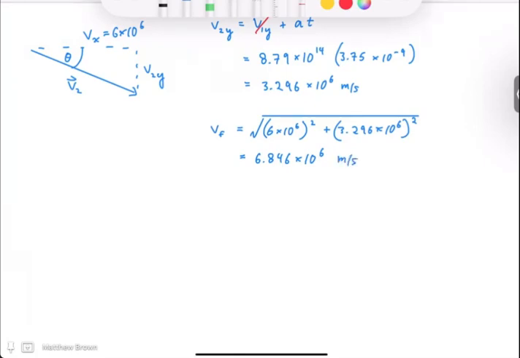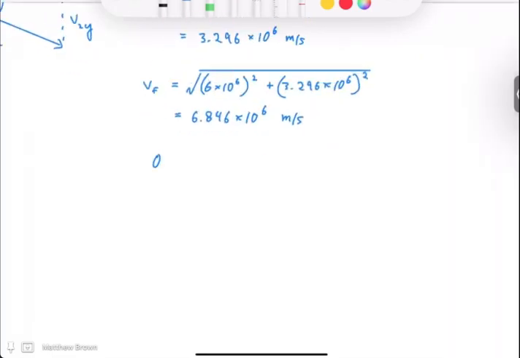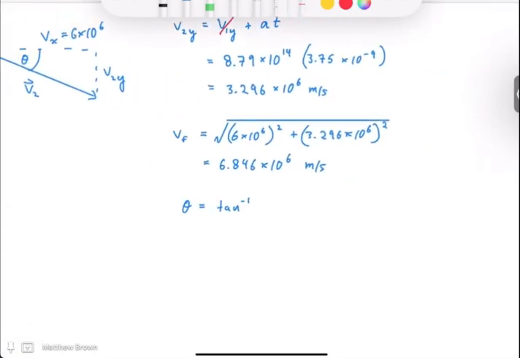And it did actually say speed in the problem, but if I wanted to, I could also find theta. In this case it would just be the inverse tangent of y over x, which I get 28.8.